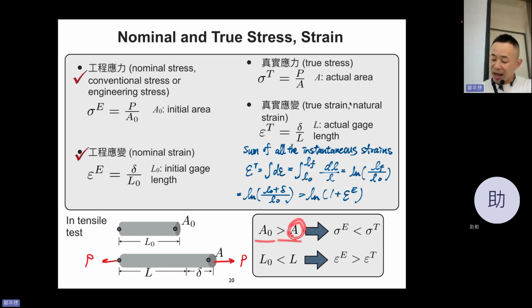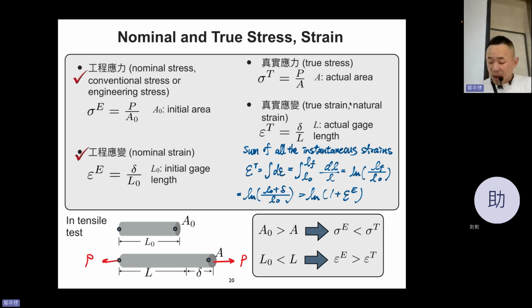So A-naught is greater than A, so sigma T has a smaller number to divide by. So sigma T will be greater than the engineering stress, right?